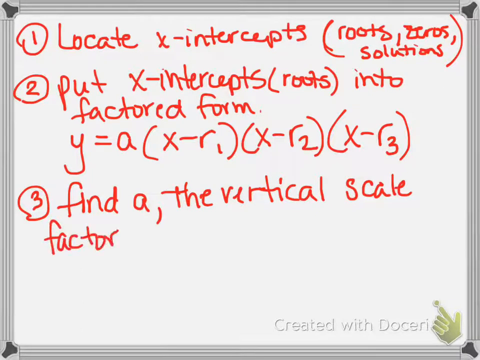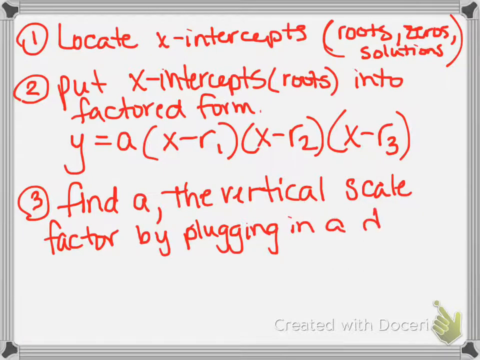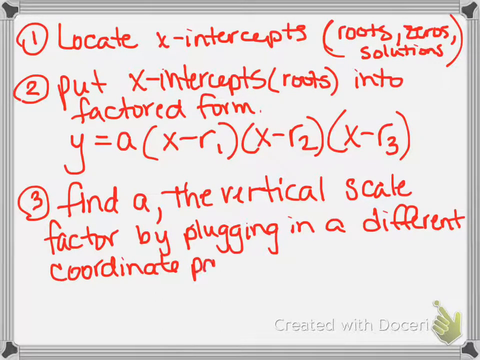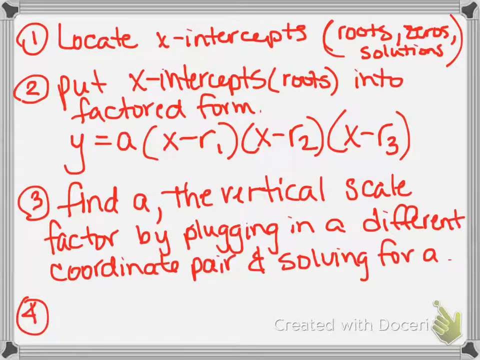You find it by plugging in a different coordinate and solving for A. Again, I'll show you how this works. And then your last step 4 is to rewrite the equation with the A value.